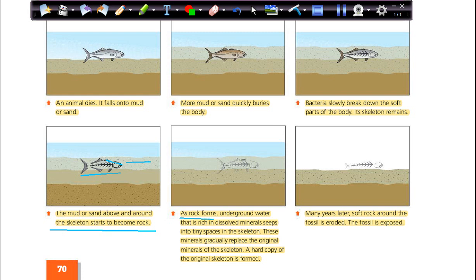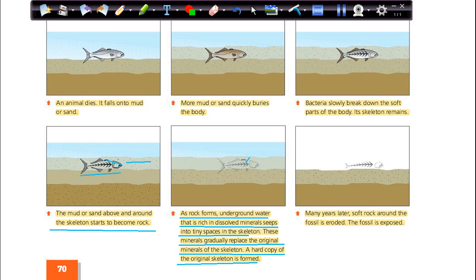Then, as rock forms, underground water that is rich in dissolved minerals seeps into tiny spaces in the skeleton. So this water full of minerals can pass through these spaces in the skeleton. These minerals gradually replace the original minerals in the skeleton. A hard copy of the original skeleton is formed. So that's how the skeleton could survive. Without these minerals, it would be soft and could be broken.